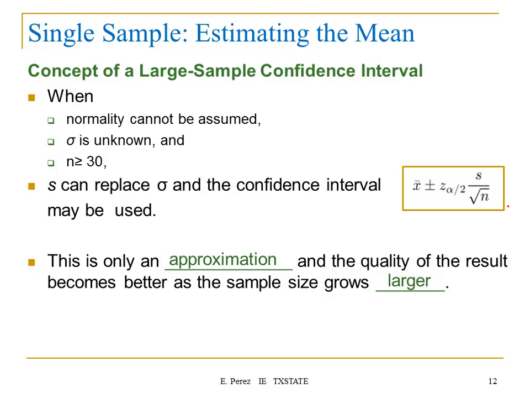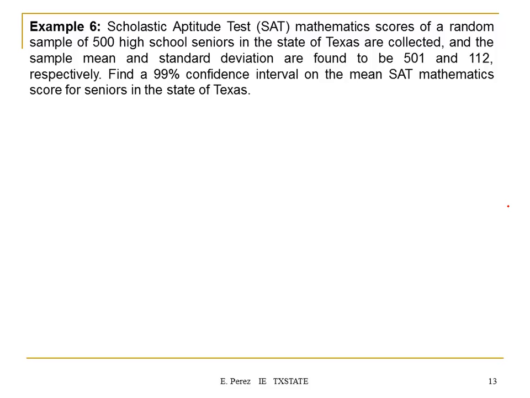Okay? So in order to apply this, let's look at this example. We are looking at the SAT mathematics scores of a random sample of 500 high school seniors in the state of Texas. The sample mean and standard deviation are found to be 501 and 112. I want you to find the 99% confidence interval of the mean for the scores in the state of Texas.